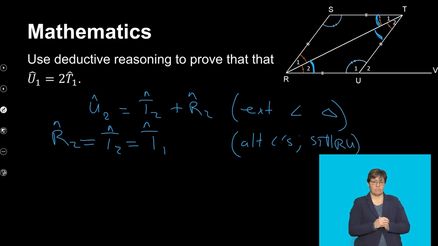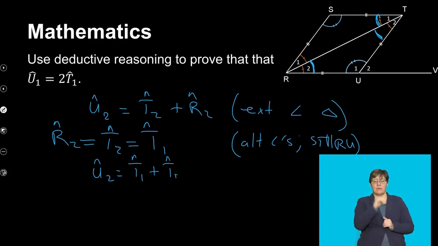Then from there, what do I know? It means U2 will be the same as, if I add these angles, T1 there plus T1 there, which is the same as U2 is equal to 2T1.